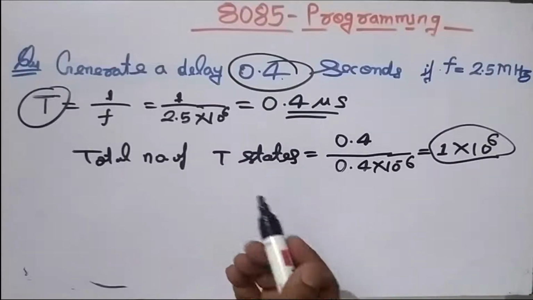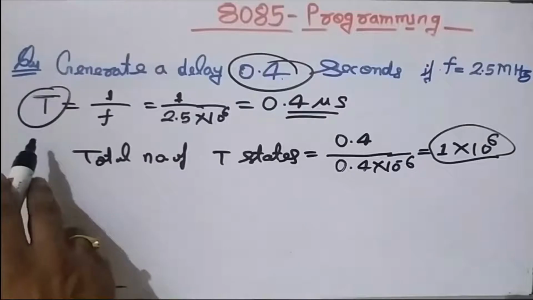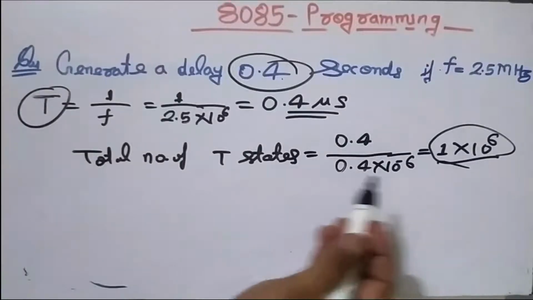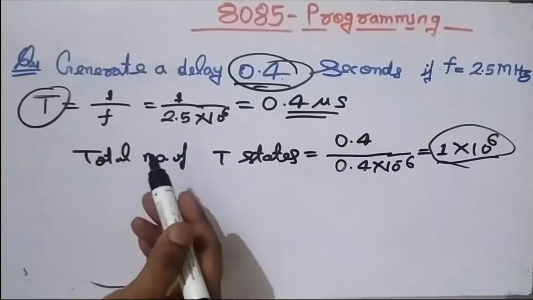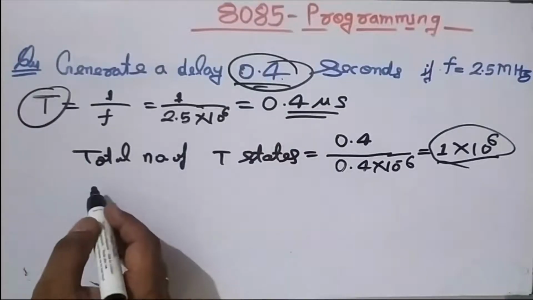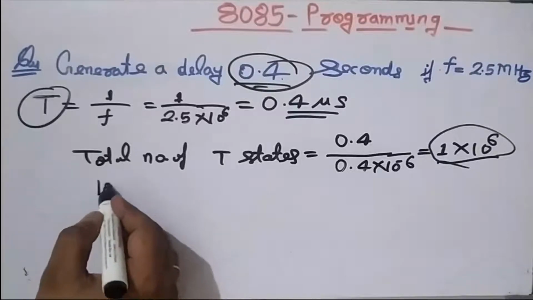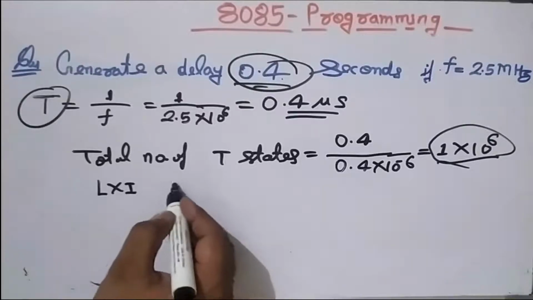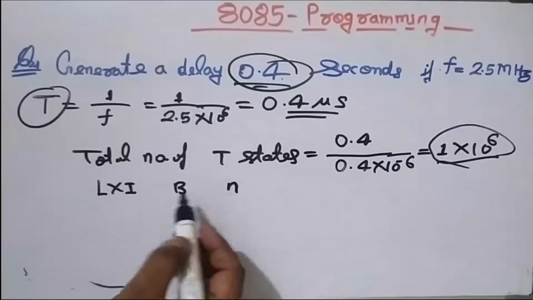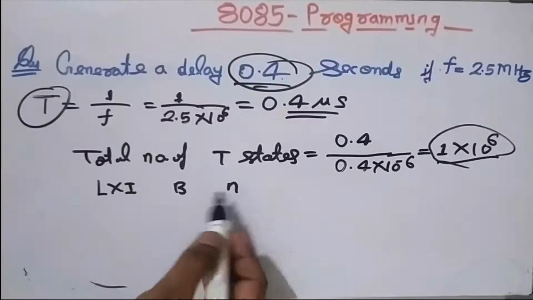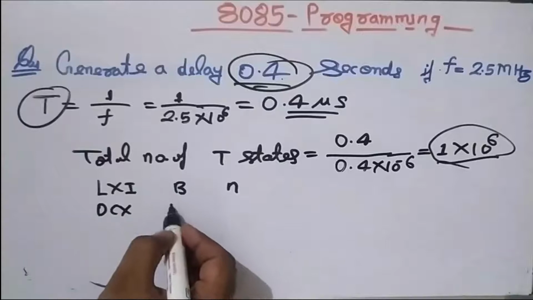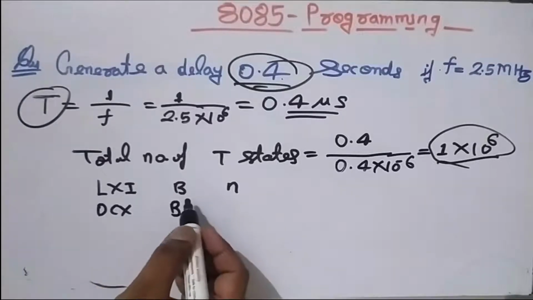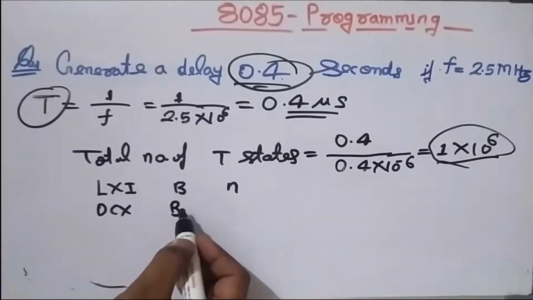We have to write a program so that this number of T states can be consumed to produce this delay. We will follow the 16-bit delay counter. First of all, LXI B, N. LXI loads the BC register pair immediately with the required number N. Then DCX B. This instruction will decrement the register pair BC by 1.